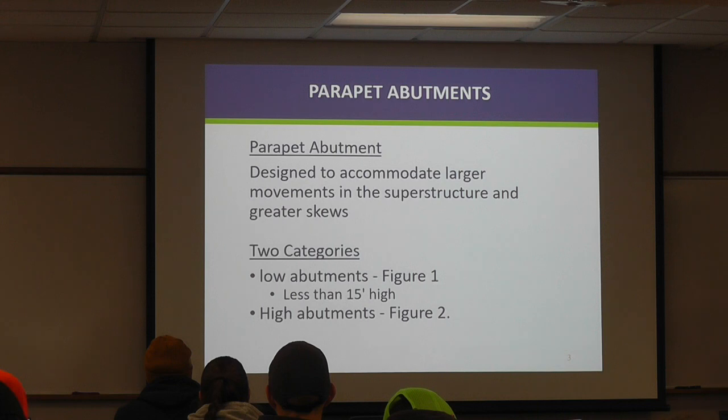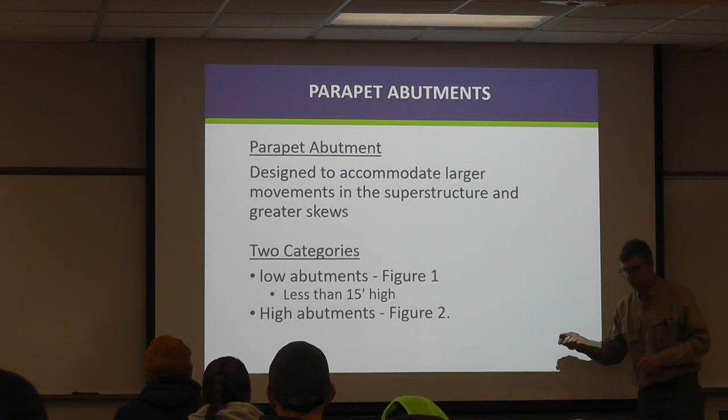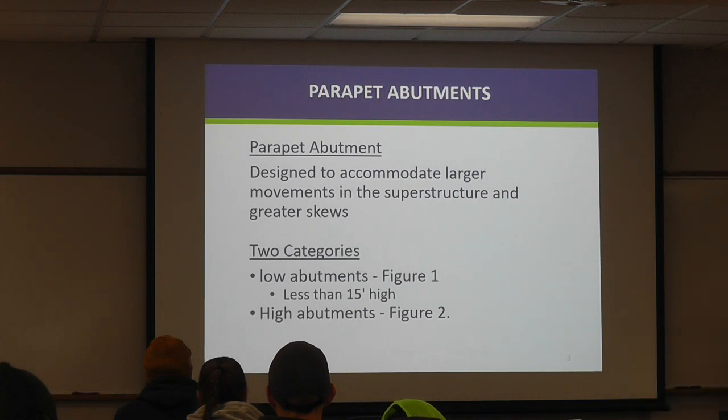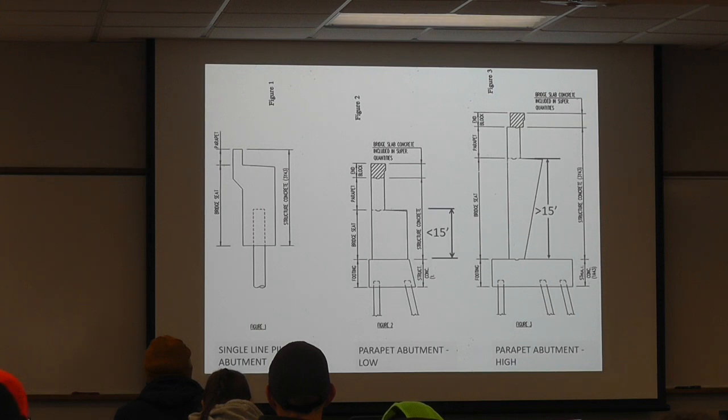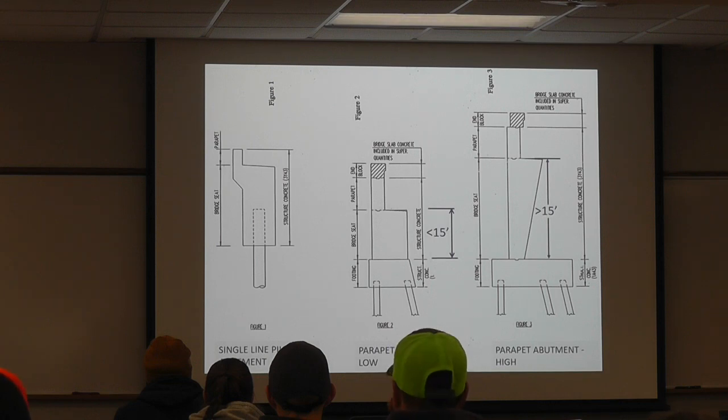We also break up abutments into low abutments and high abutments. I'm not exactly sure why that designation, because it hasn't been something we've used a whole lot, but here is a depiction of that. There's still a couple of references in the spec book that talk about high abutments and low abutments.